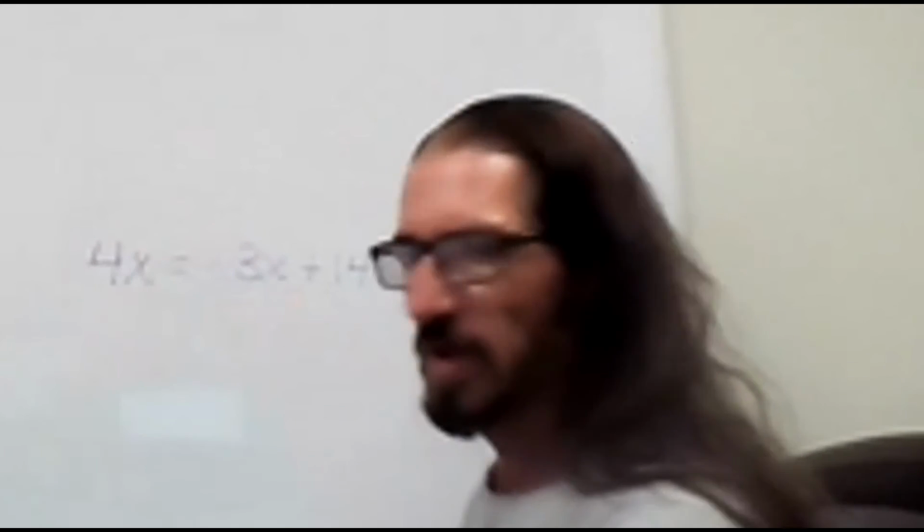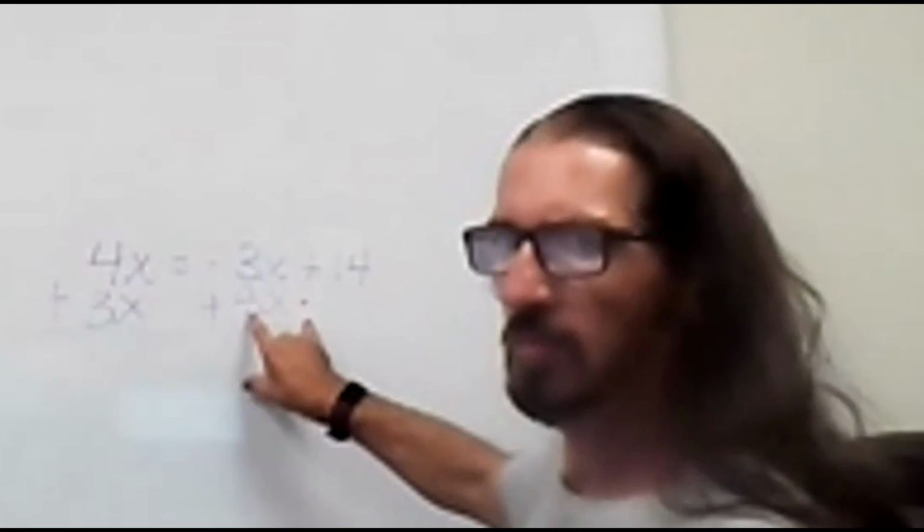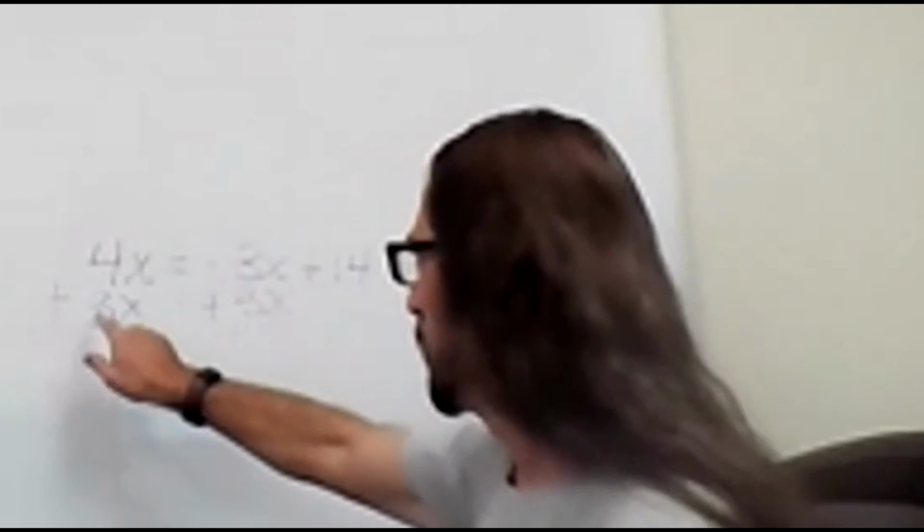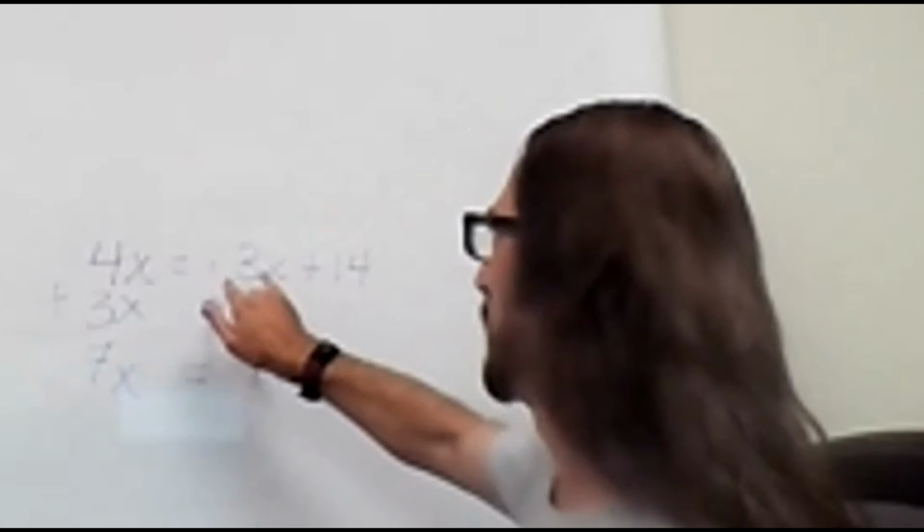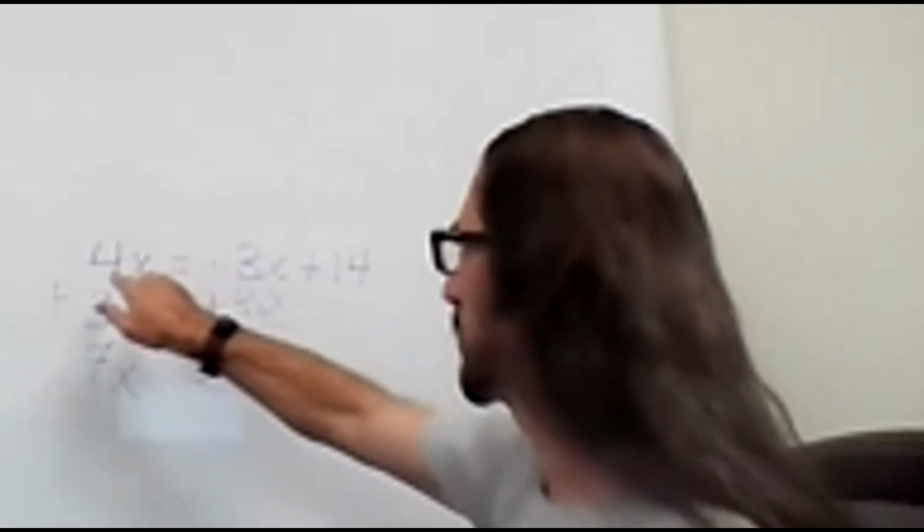I'm going to add 3x. Why move that x term instead of this x term? Well, this is going to give me a positive 7x. And I could identify that because of negative 3 being smaller than 4.